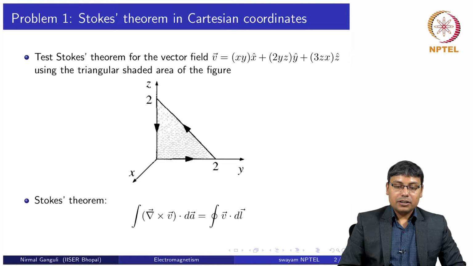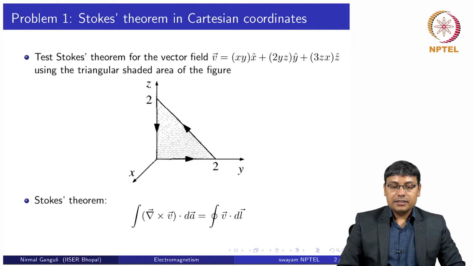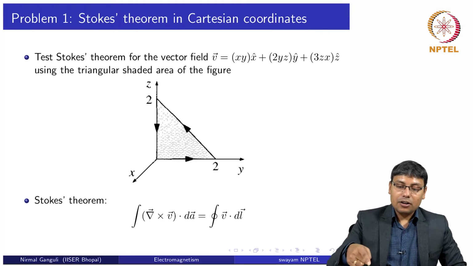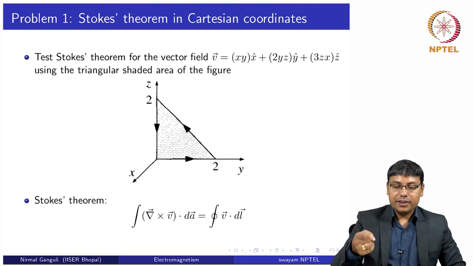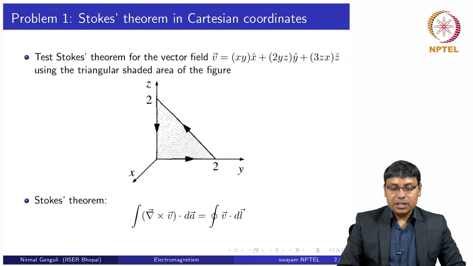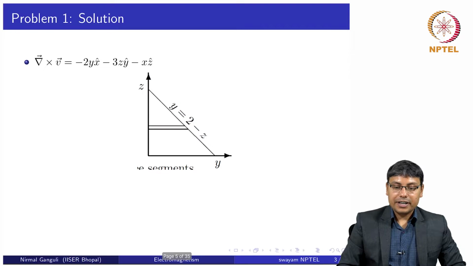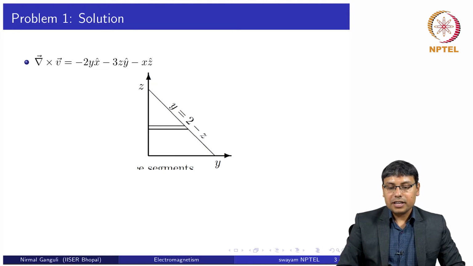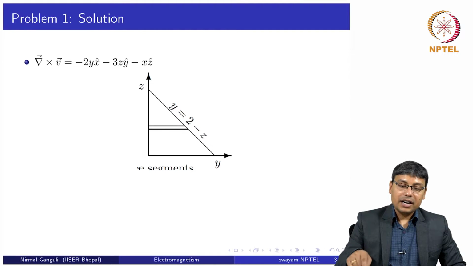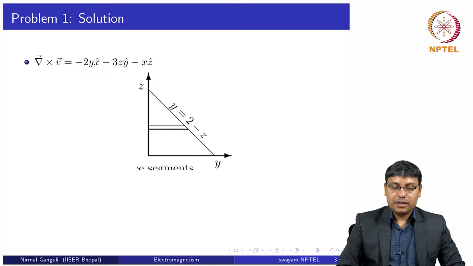So, the line element along z axis in the direction given is minus dz z cap, along y axis it would be dy y cap, and along the slanted line we have to find this out. That line element we can find out by differentiating the equation of the line. We have dy equals minus dz there, and from that we can find this line element, and putting appropriate limits we can perform the line integral.